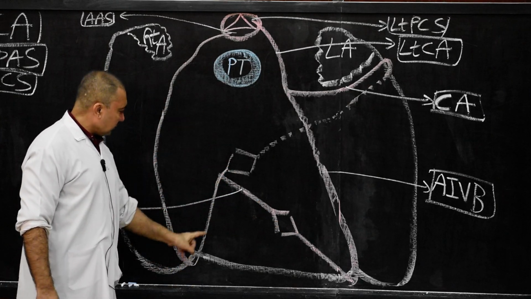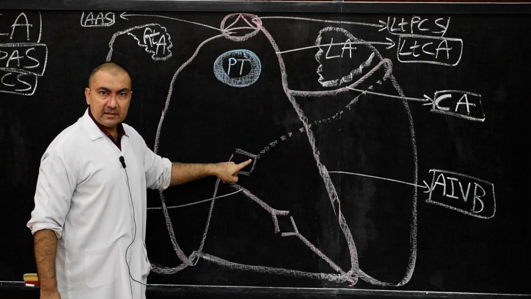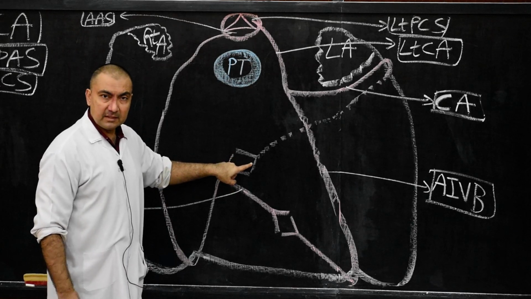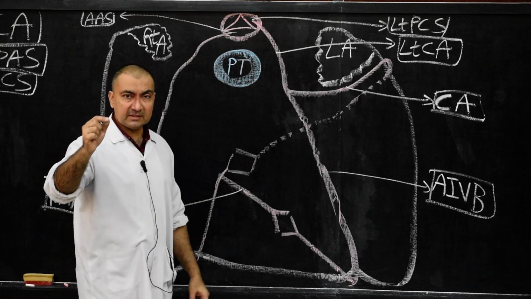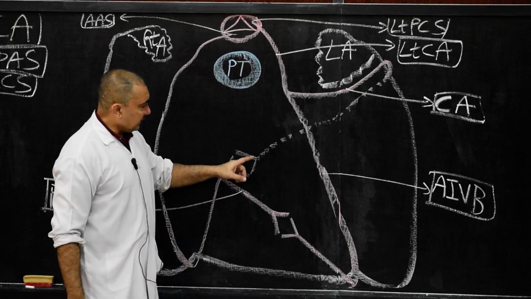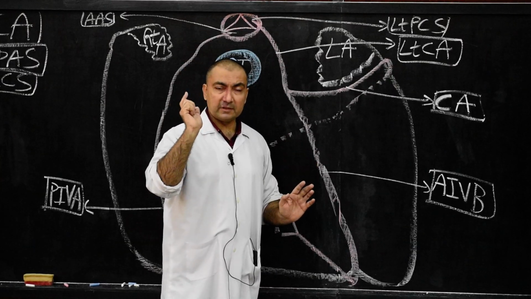Anastomosis between right coronary artery and circumflex branch of left coronary artery, slightly to the left of the crux of the heart. And I have already explained what the crux of the heart is in the right coronary artery segment. So this is the circumflex branch, the second branch of the left coronary artery.